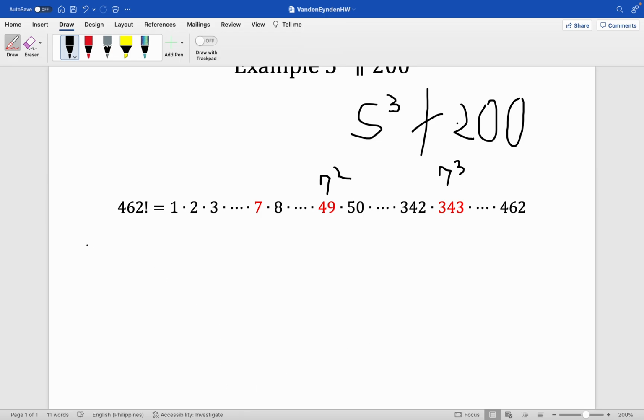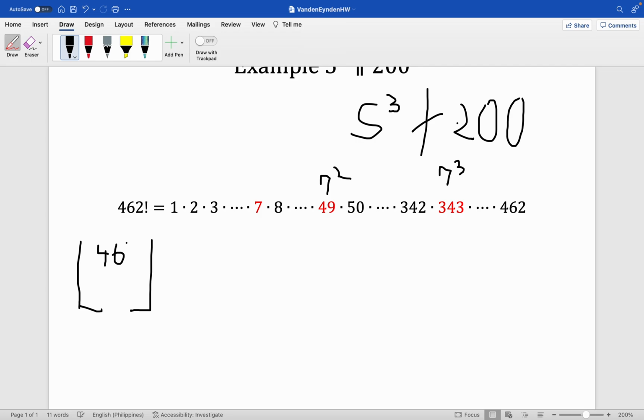Okay, so let's go ahead and try to manage this here. You guys perhaps have seen this. This is called the floor function, and it returns an integer. It always returns an integer, and you can think of it as a rounding down function. And so we'll start with 462 divided by 7.